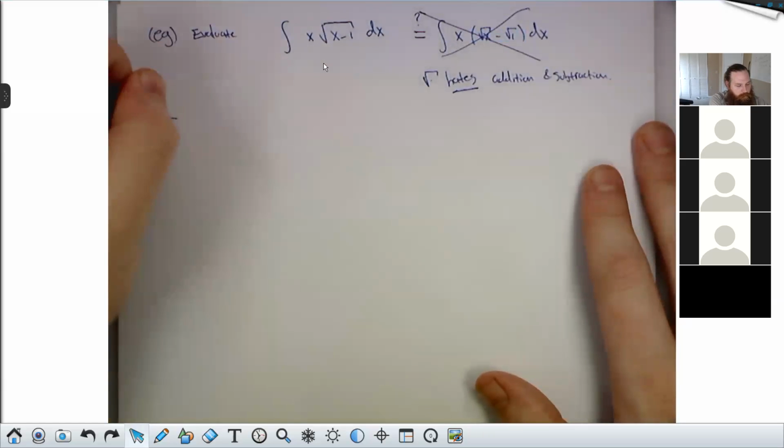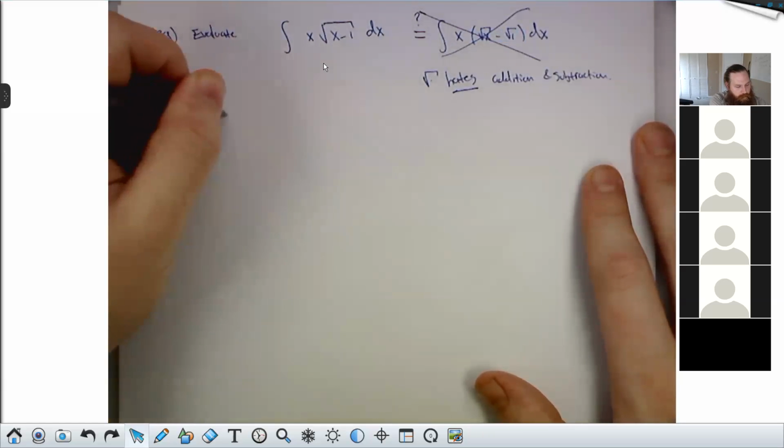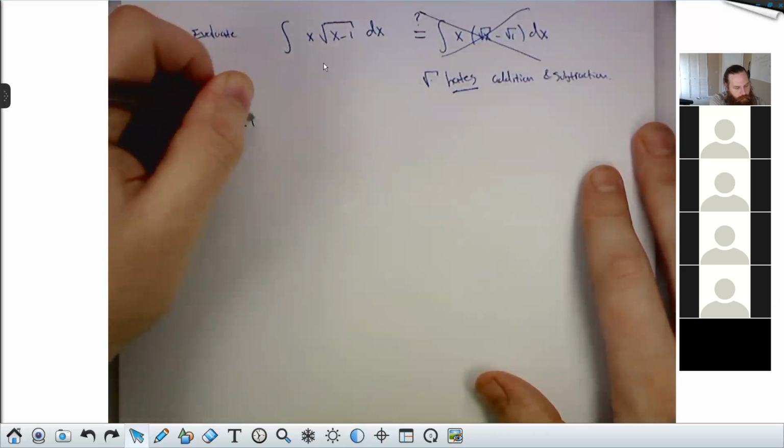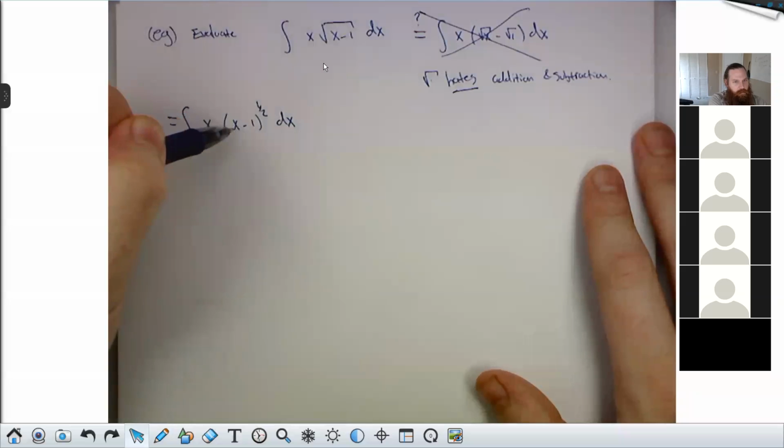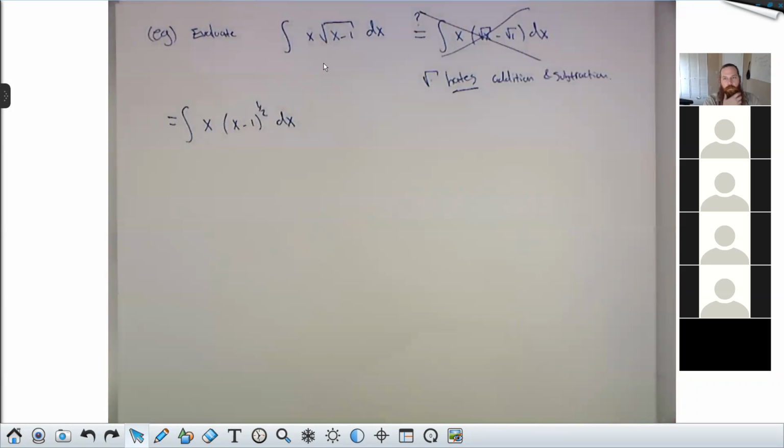It is true that this is equal to x times x minus 1 to the 1/2 dx, but this power doesn't distribute. And in my order of operations, powers take precedence over multiplication. So I can't distribute this x in here either. So for the same reason why I can't do this, I couldn't distribute this over these because the power takes precedence.